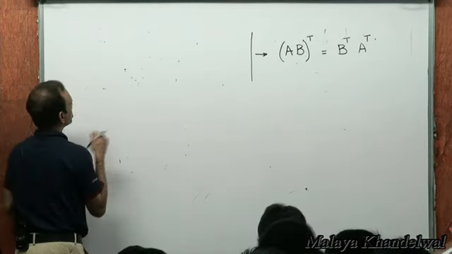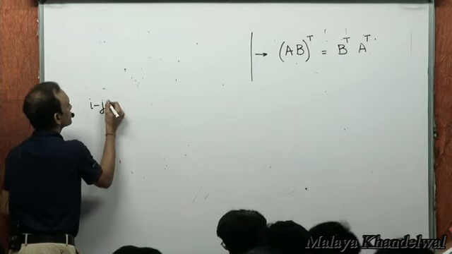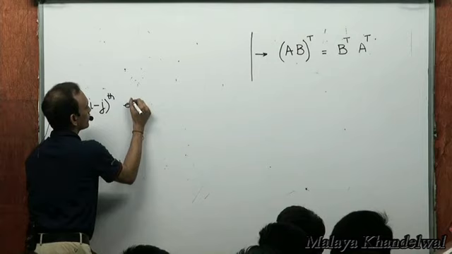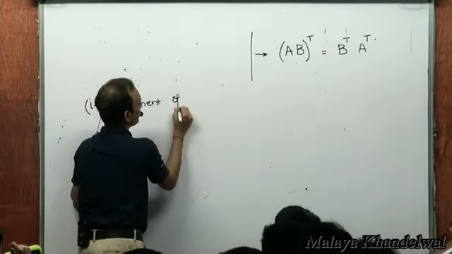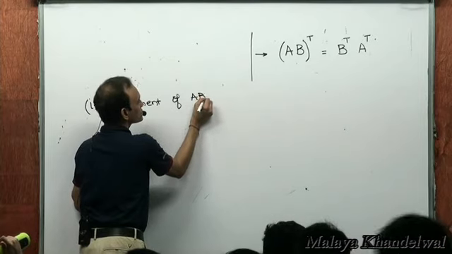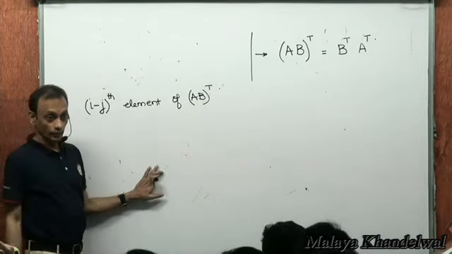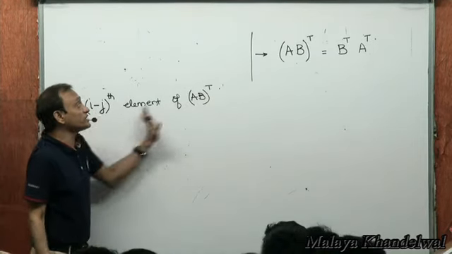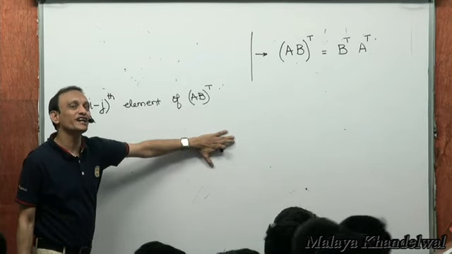Now, the ijth element of AB transpose would be the jith element of AB.